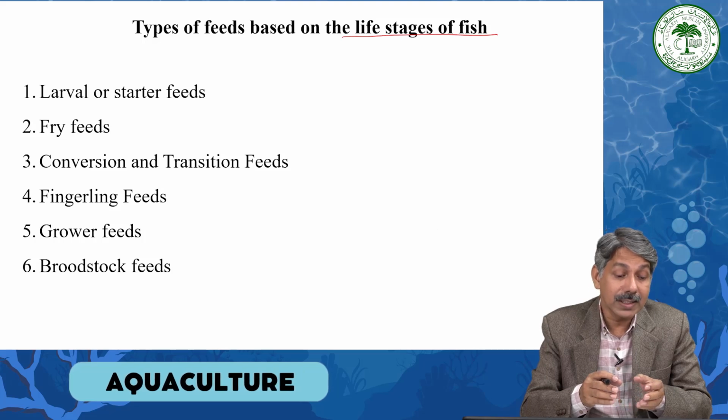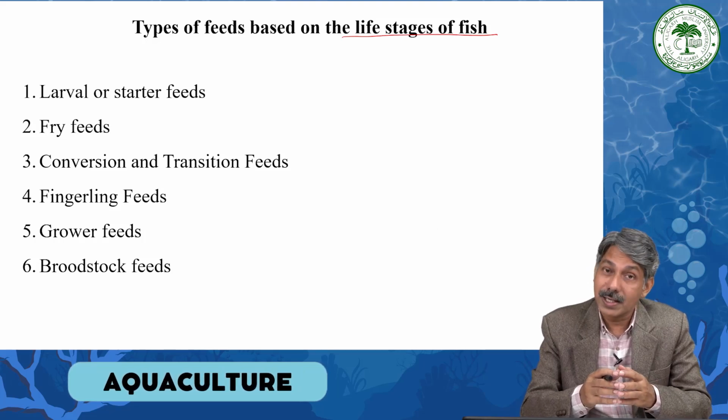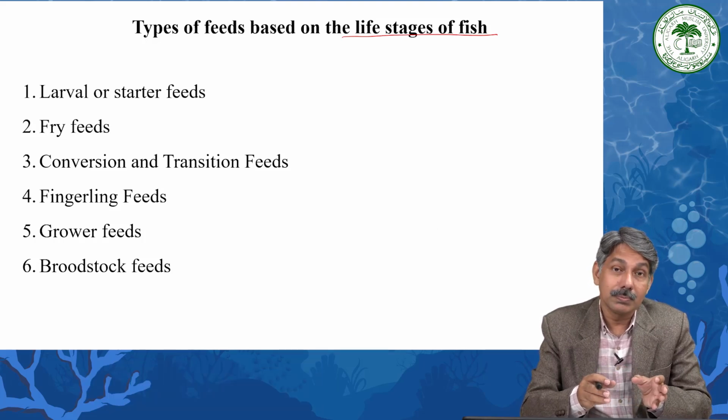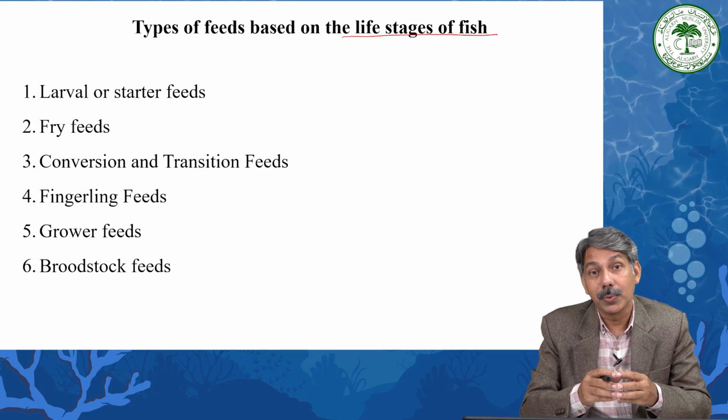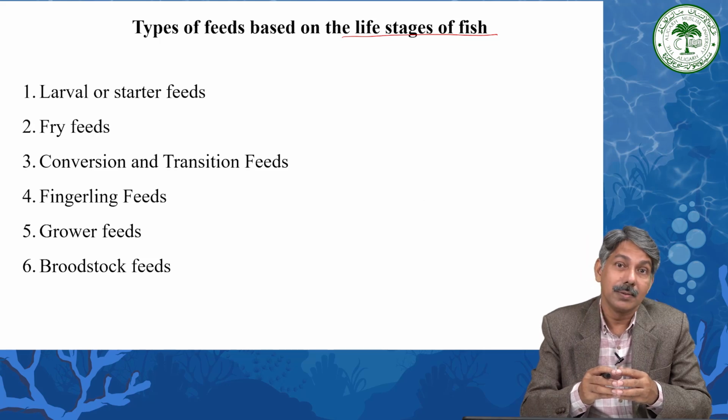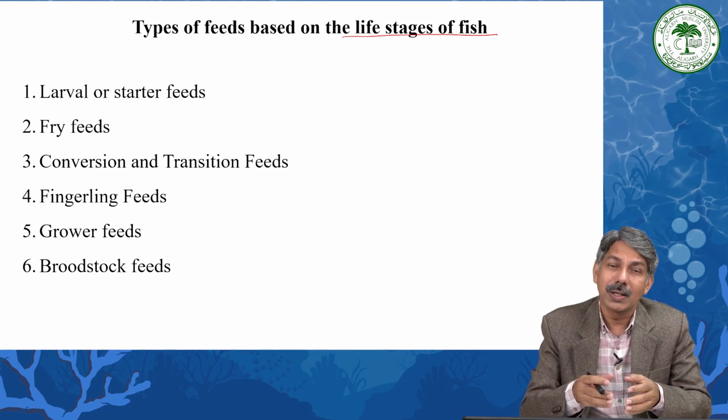That is not suitable, at least for fry and larvae, and fingerlings also will not be able to consume that ball, usually more than 1 inch or sometimes 2 inches in diameter or more.